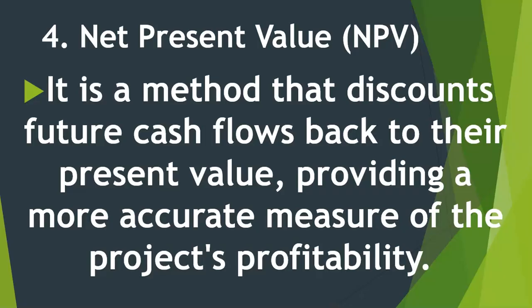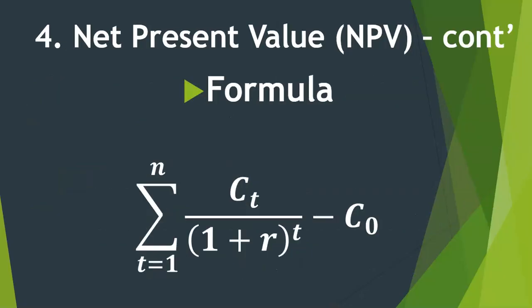So it's a method that discounts the future cash flows back to their present value, providing a more accurate measure of the project profitability. So again, this is a measure that is used to determine the profitability of a given business. How do you find it then? This is a formula of finding the net present value, NPV.